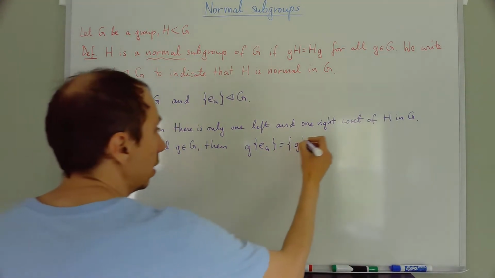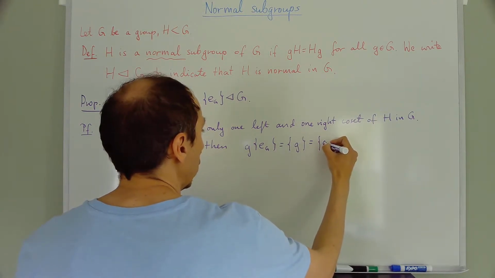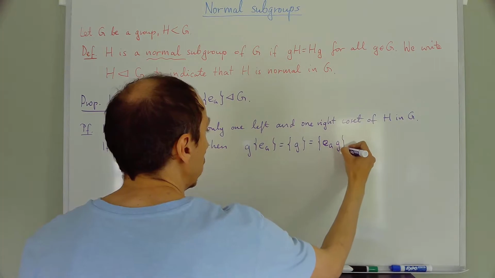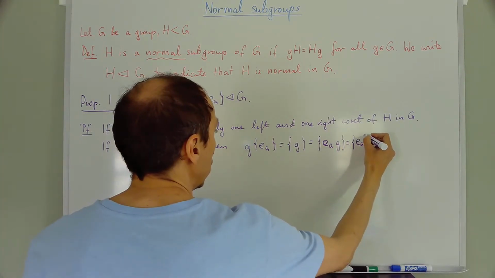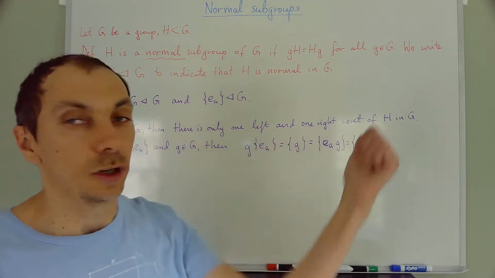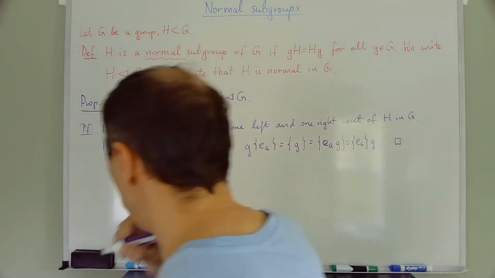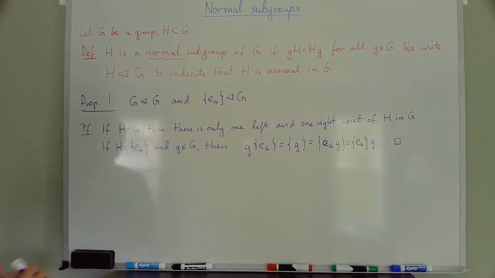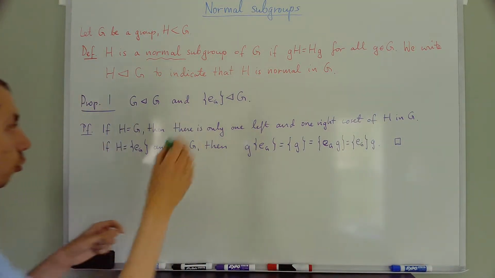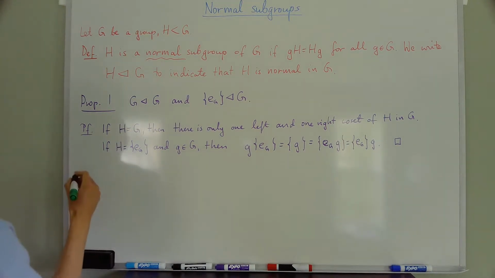That I can rewrite as e g, which is then g e. So we see that the left cosets are equal to right cosets. Okay, so that's a very, very simple example of a normal subgroup. The whole group and the trivial group are normal subgroups.